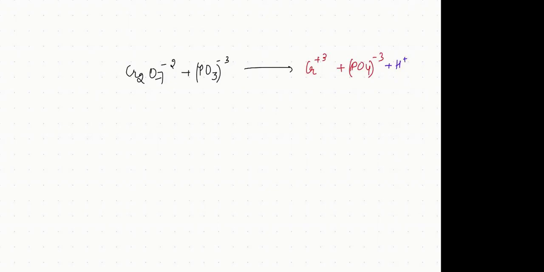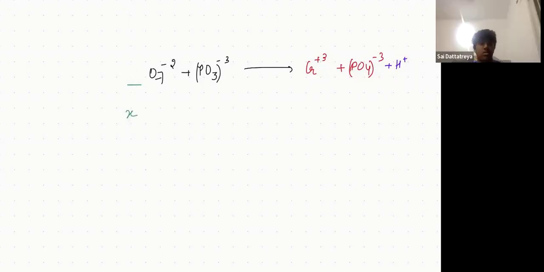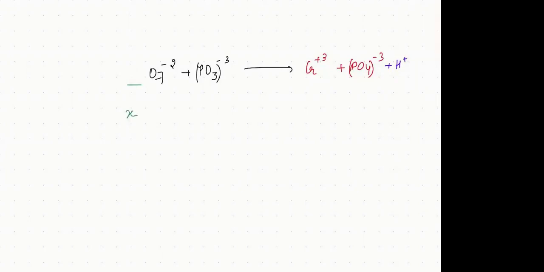So let's start with the calculations. Chromium is going to be X, so for 2 chromium it is going to be 2X. For 1 oxygen, it is -2 generally, so 7 oxygen will be -14, equals -2. So 2X would be equal to 12. So X would be equal to 6.